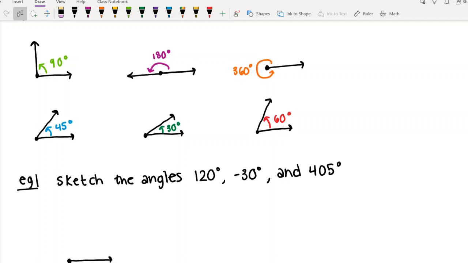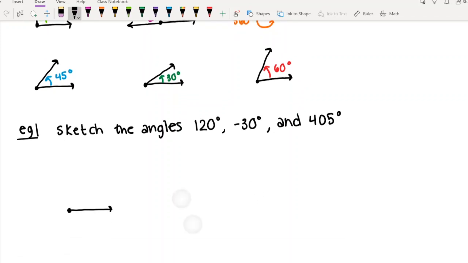For 120, that's more than 90 but less than 180, so it's between 90 and 180. Specifically, it's exactly 30 degrees more than 90. So it's going to look something like this. It's like you took a 90-degree angle and added an extra turn of 30 degrees to it. So this would be an angle of 120 degrees.